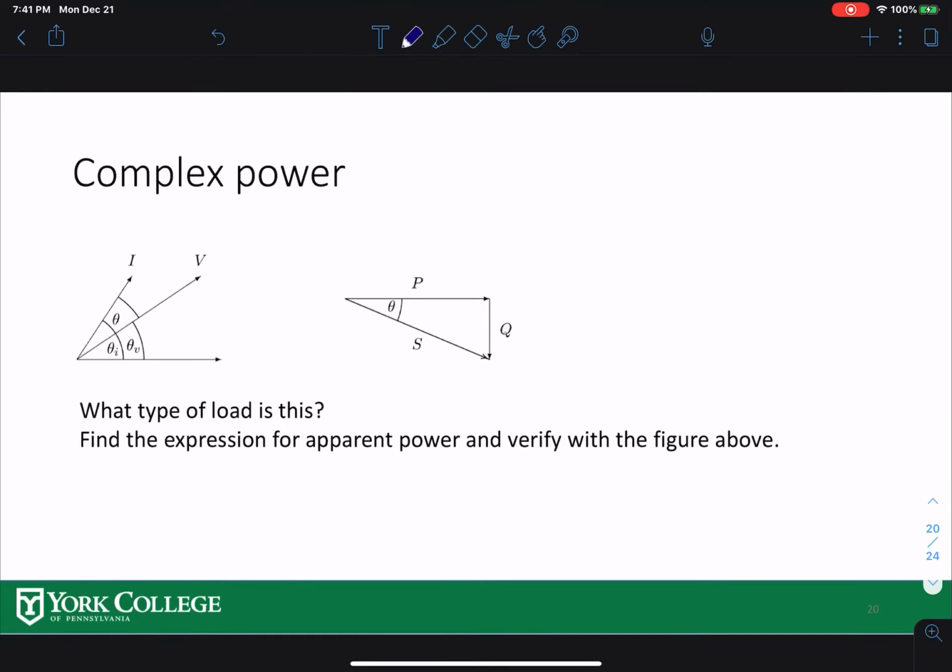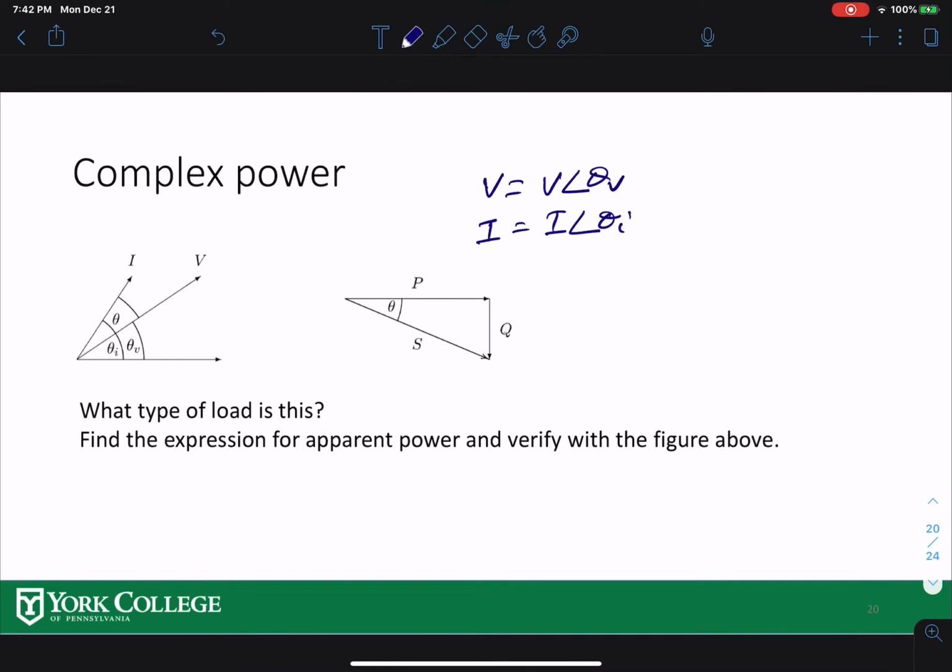Same thing over here. This is another complex load. I hope you can do that on your own. So over here, your V is V at angle theta V. Your I is I at angle theta I, right?